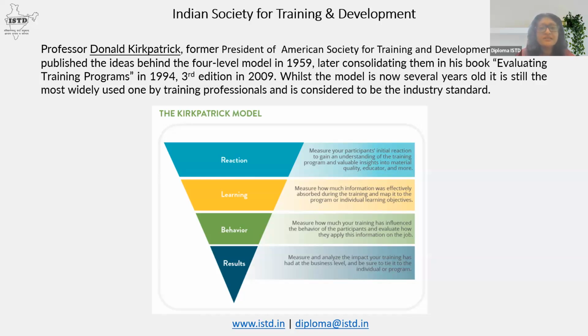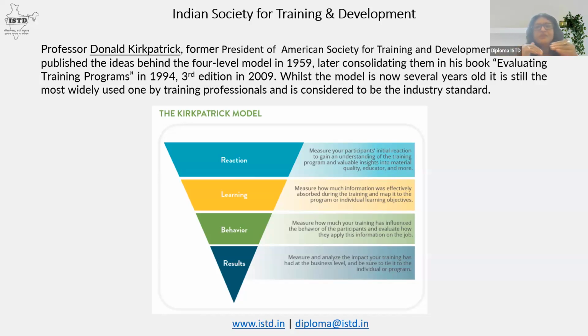So what this model says, if you see, it's a pyramid structure or a V, value chain. Okay, so let's understand the first level. The first level is the reaction level, the broad base where the pyramid stands.